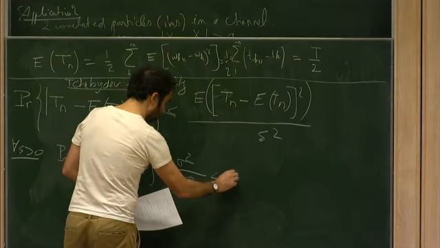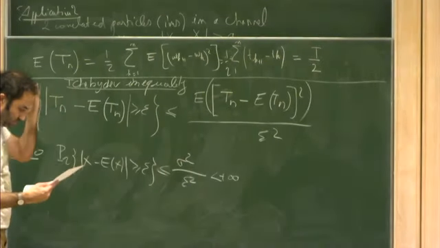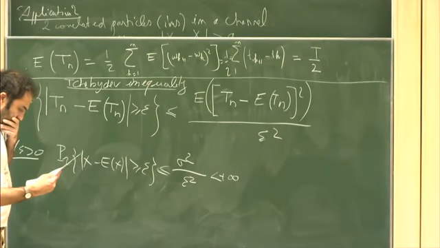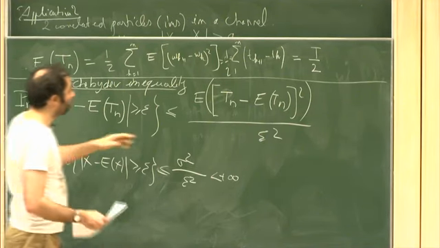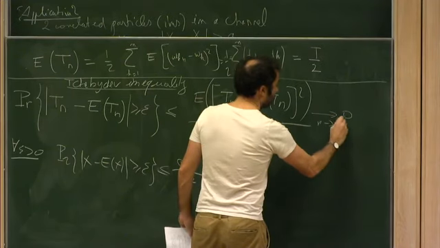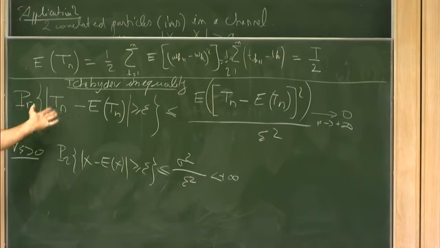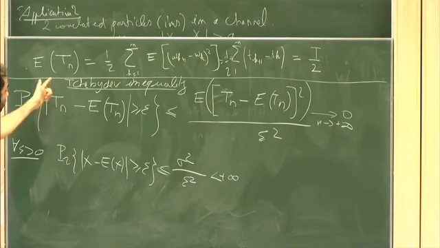We assume that we have finite variance. So if we can show that this goes to 0 when n goes to infinity, this will show that in probability the limit of Tn is the mean. And this is what we wanted to prove.